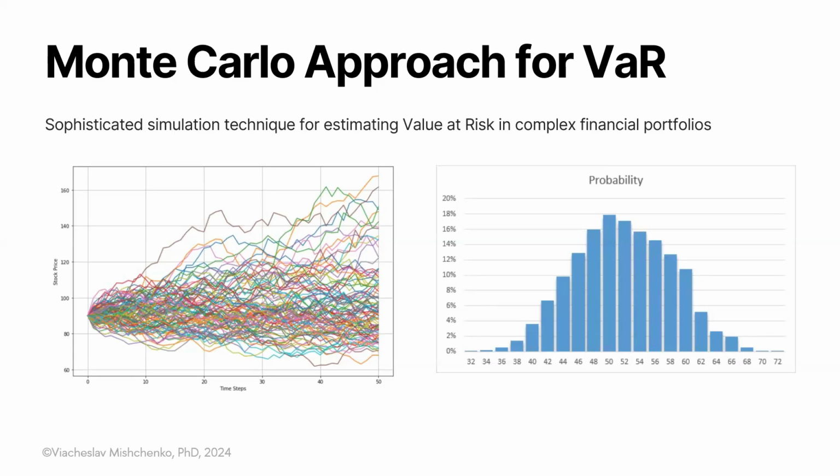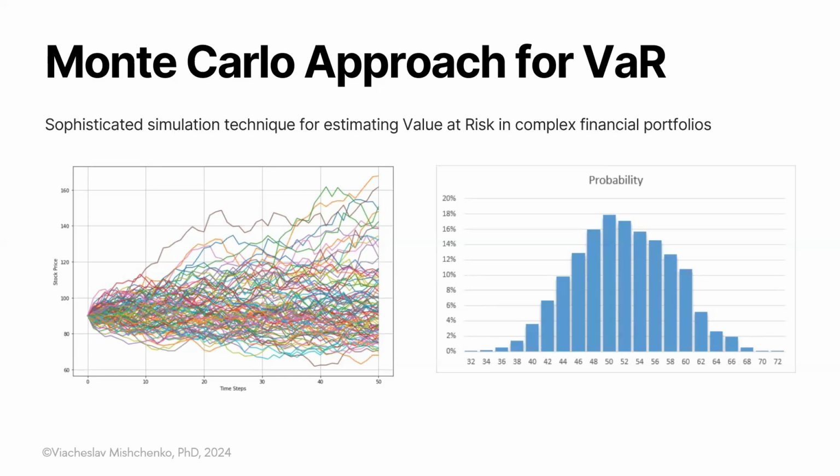During financial crises, as we alluded to before, many risk models failed because they underestimated the probability of extreme market moves. During these times, properly calibrated Monte Carlo simulations can really help us capture this tail risk.